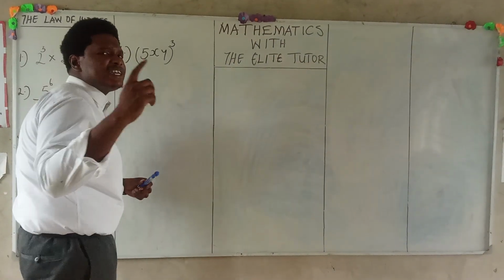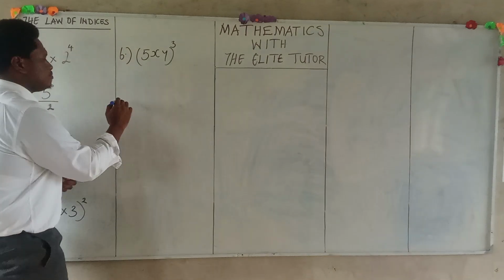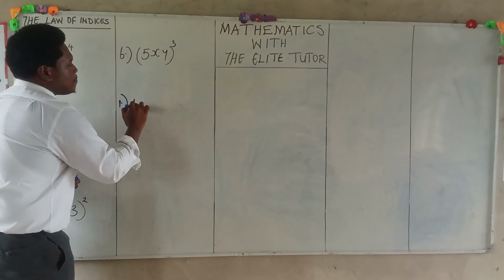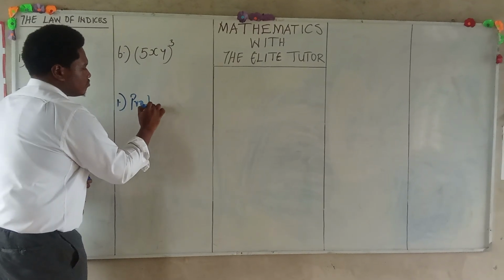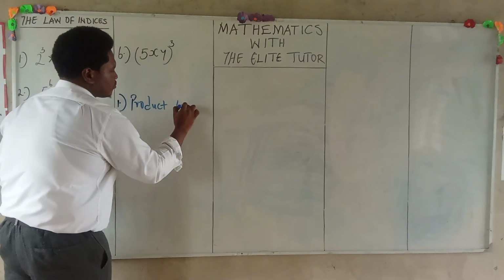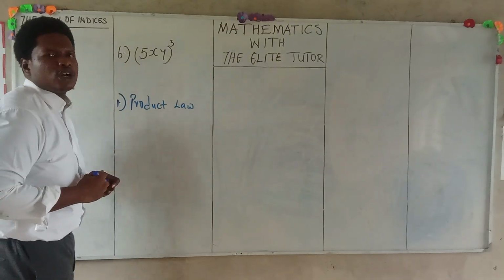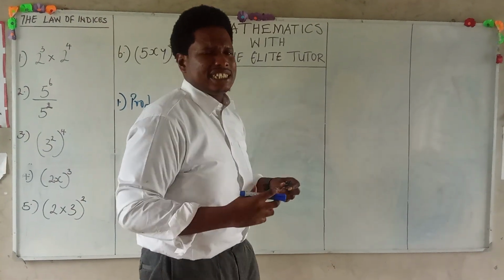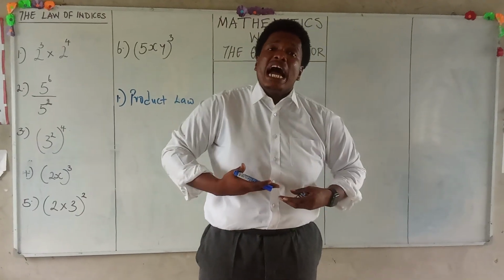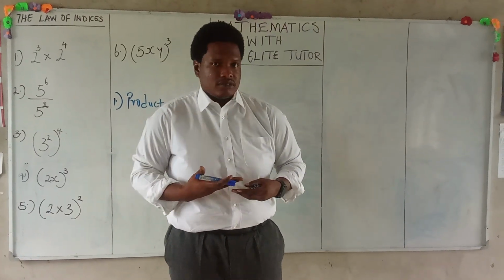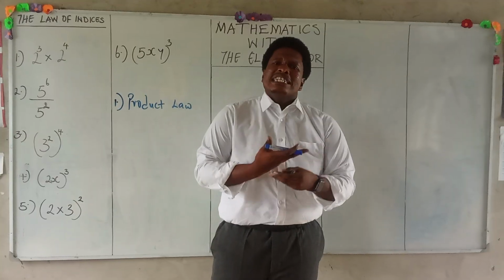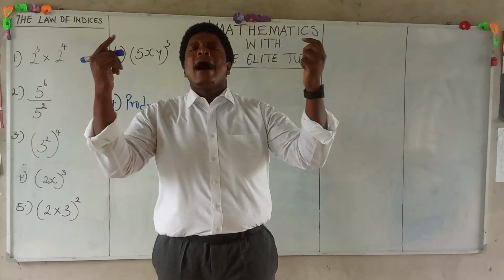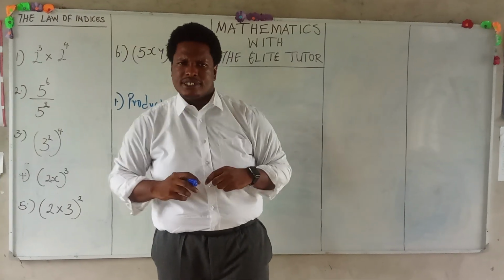Now, the first law of indices we are going to look at for this video is the product law. Now, what is this product law all about? The product law states that when we have the same base, we add their powers.